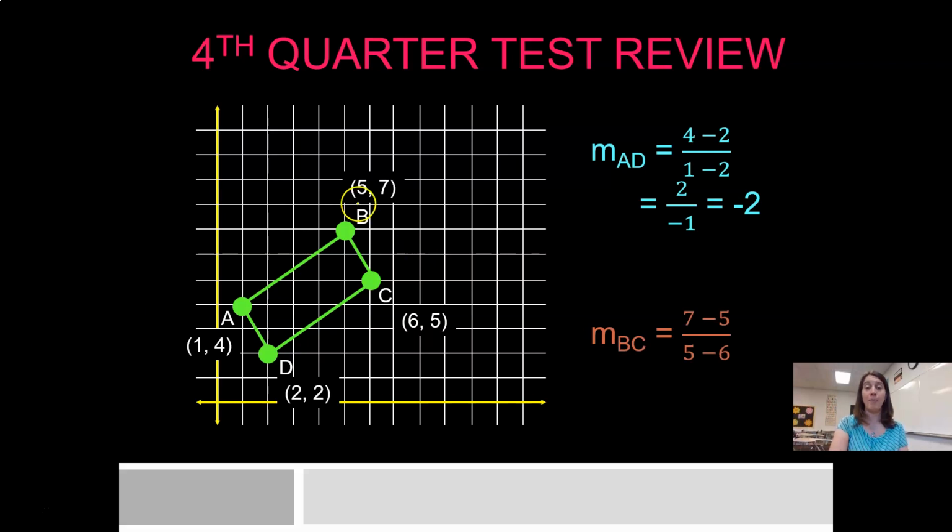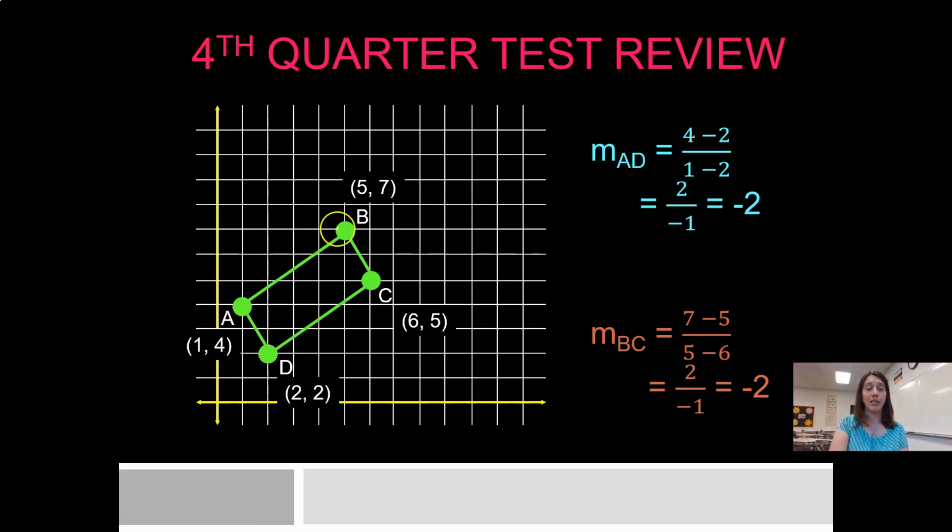So let's see. Going from B to C, again, I went top to bottom as I filled in my points. I have y 7 minus this y 5 over my x of 5 minus my x of 6. 7 minus 5 is 2. 5 minus 6 is negative 1, and 2 divided by negative 1 is negative 2. Did those two slopes match? Again, yes, they do.